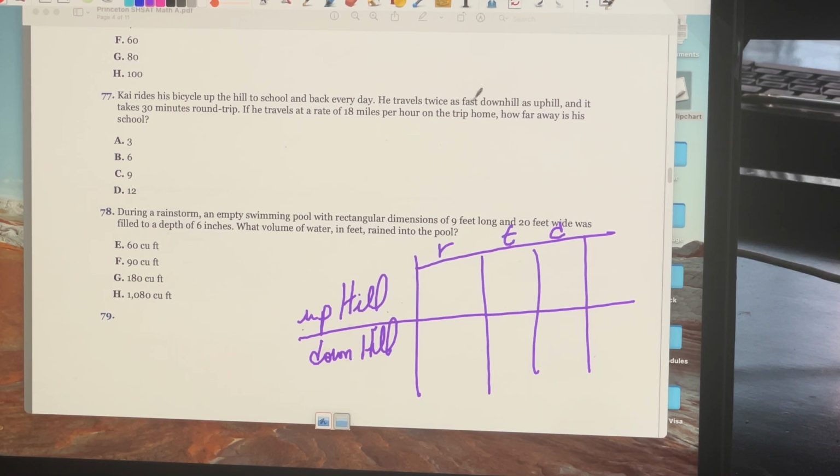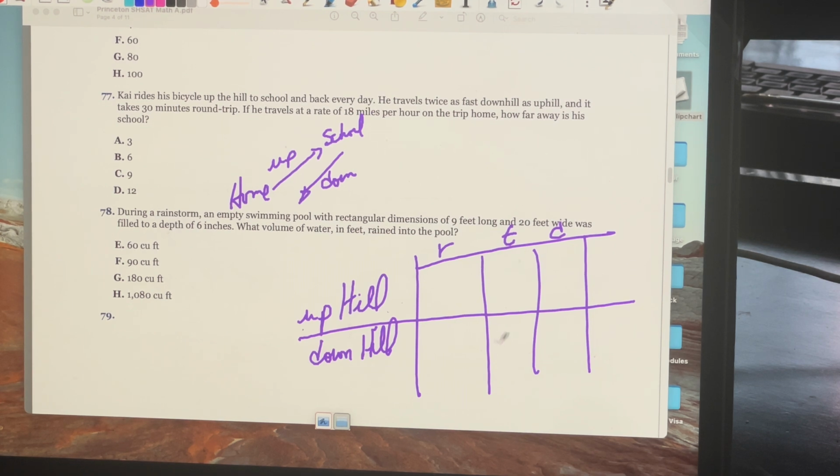He travels twice as fast downhill as uphill, and it takes 30 minutes round trip. He travels at a rate of 18 miles per hour on the trip home. So here's his home, and to go to school, he's going to go uphill. So up, down, and 18 miles per hour on the trip home.